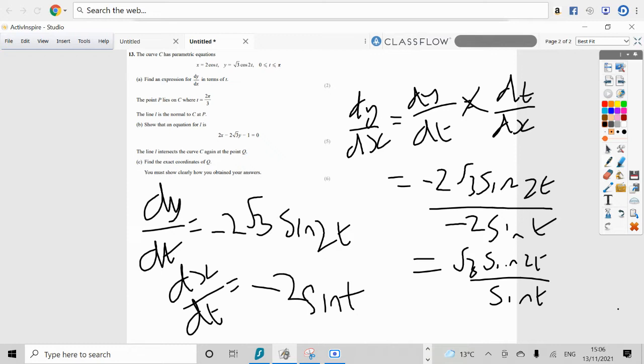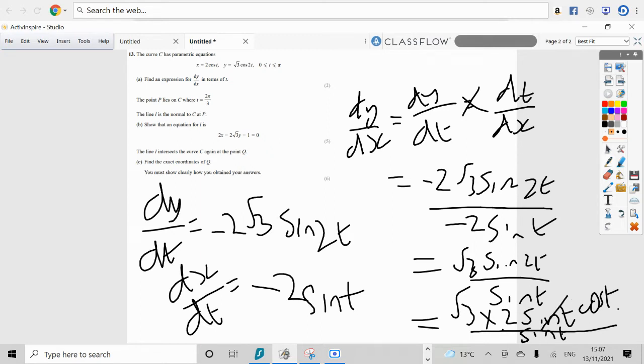Now, we know a formula for sine of 2t. Well, we should. Whether we remember that formula is another story, isn't it? If you do remember it, you'll remember that sine 2t is 2 sine t cosine t. So substituting that in, we get root 3 multiplied by 2 sine of t cosine of t, divided by sine of t.